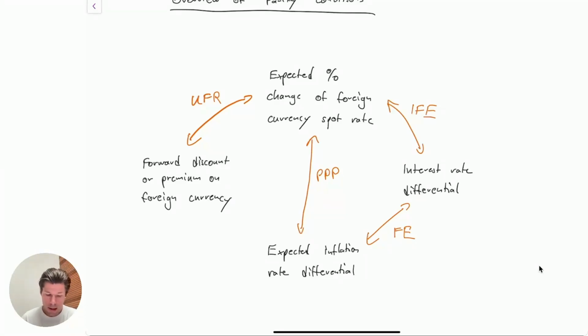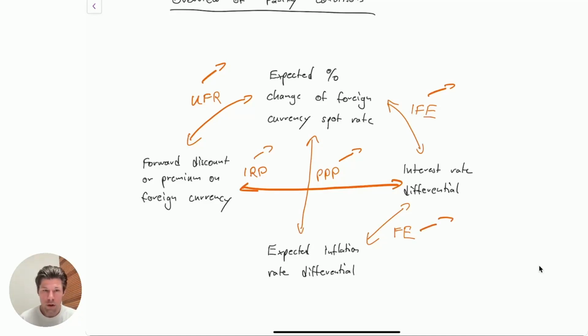And then the last one, if we look at interest rate differential, similar to IFE, we can use interest rate parity. So these are the 1, 2, 3, 4, 5 parity conditions: unbiased forward rate, International Fisher Effect, purchasing power parity, interest rate parity, and Fisher Effect.